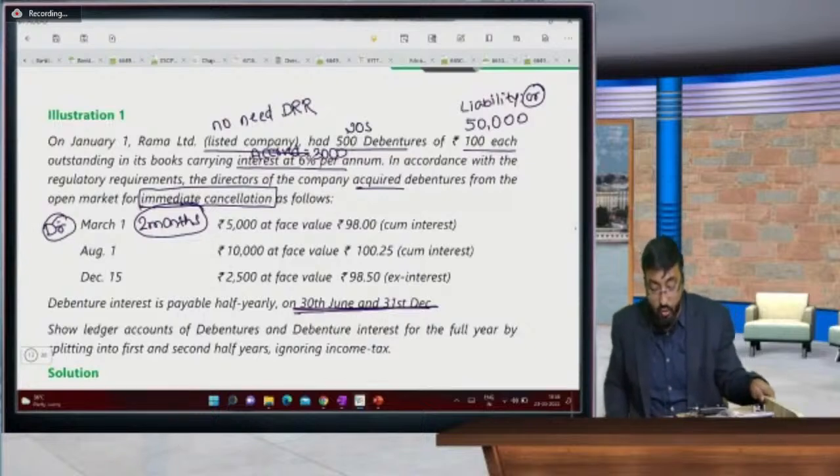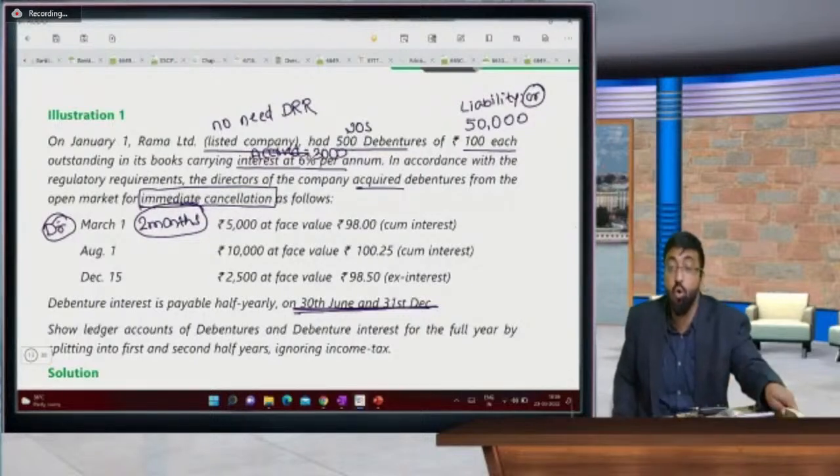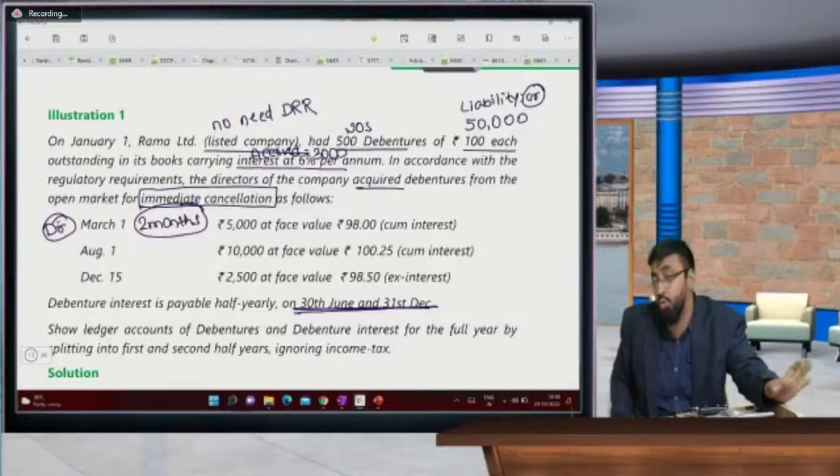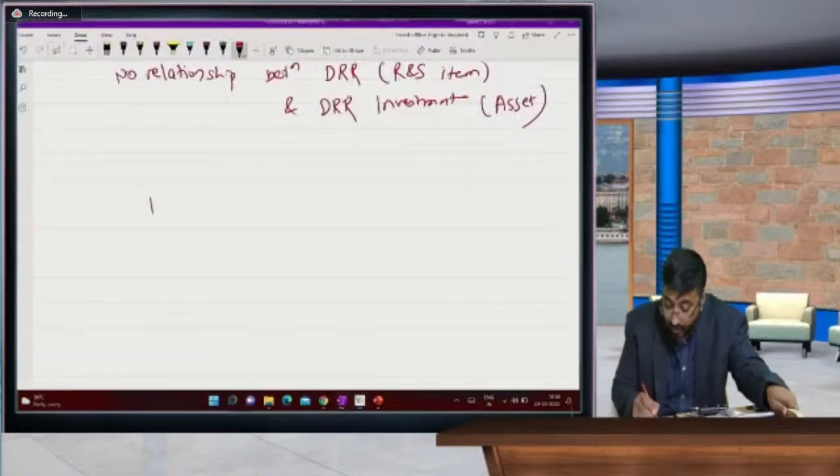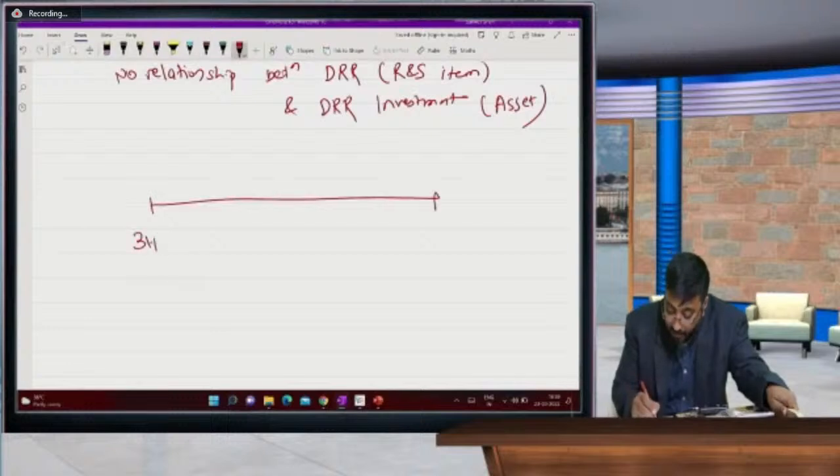Debentures going to debit. So they bought it from the investor who already holds these 5,000 debentures. Now he will ask Rama Limited to give interest for 2 months, because the last holder got interest up to 31st December.